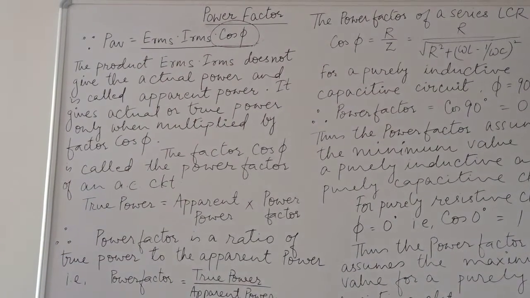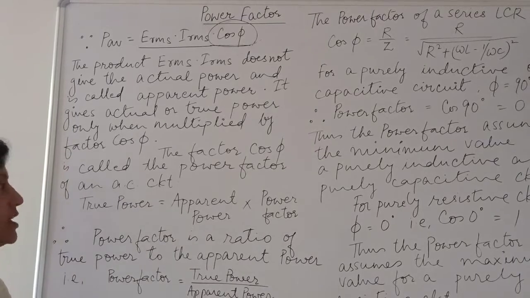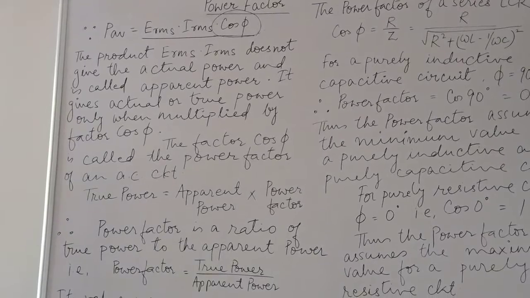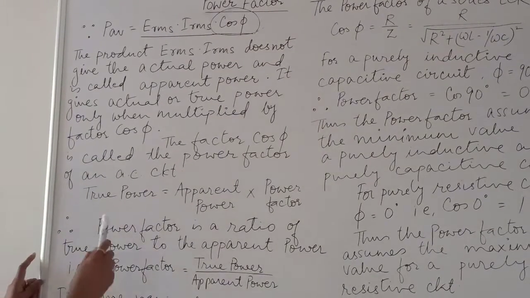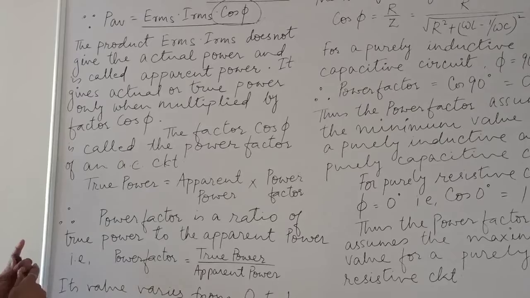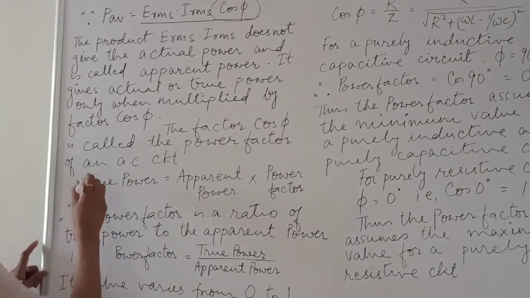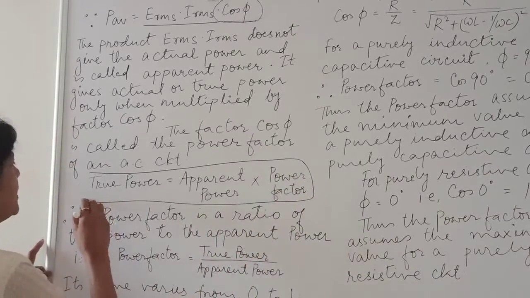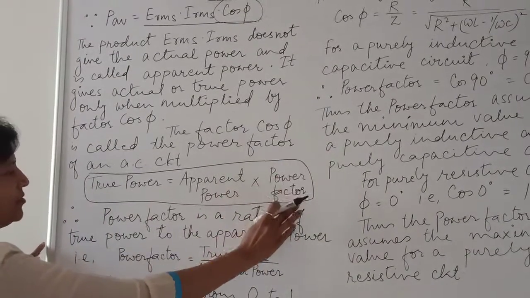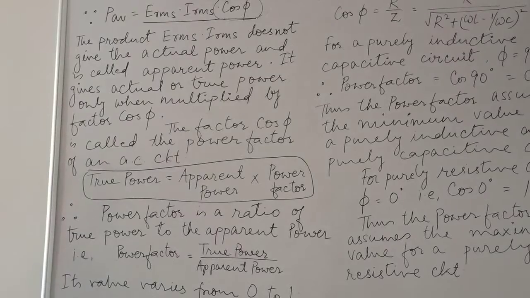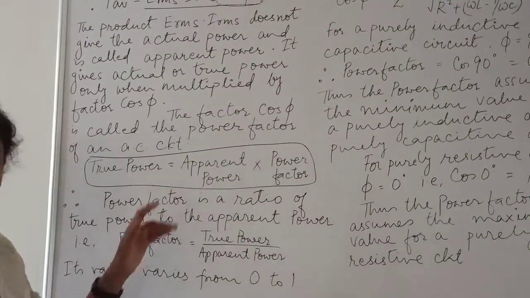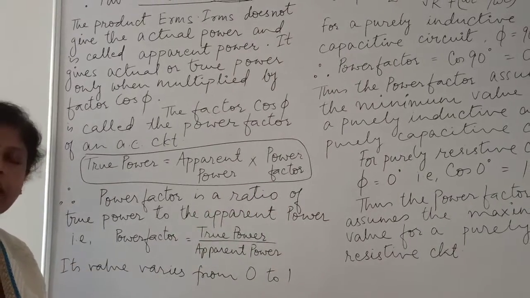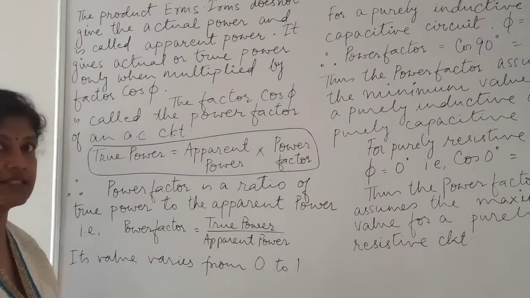The factor cos φ is called the power factor of an AC circuit. So we can write true power is equal to apparent power into power factor.